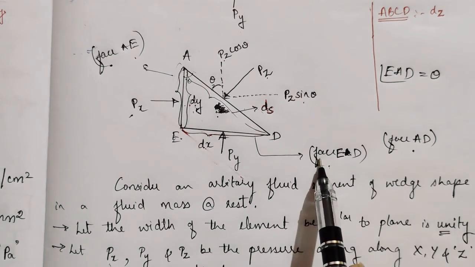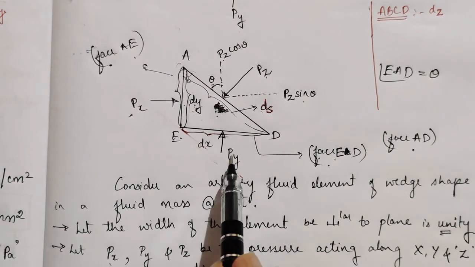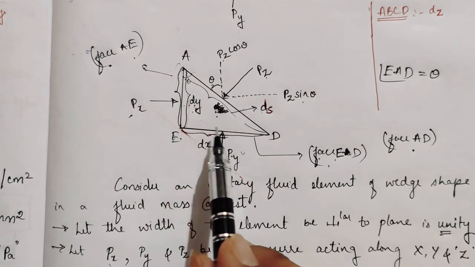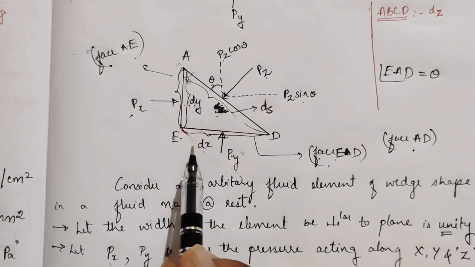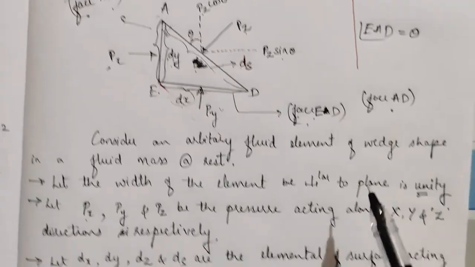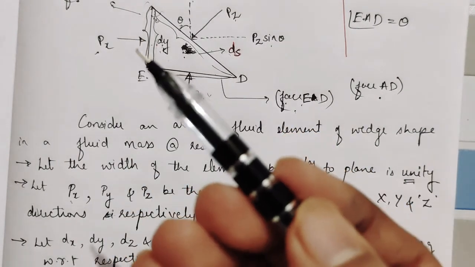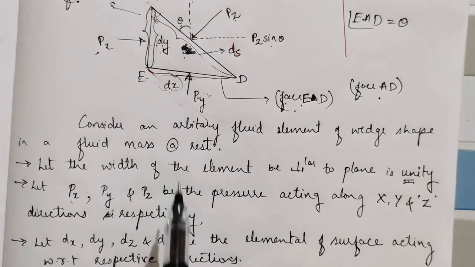When we come to face ED, the force on face ED will be Py into the area of ED. What is the area? The area is dx into unity, because the perpendicular direction we have taken as unity. So dx into unity.